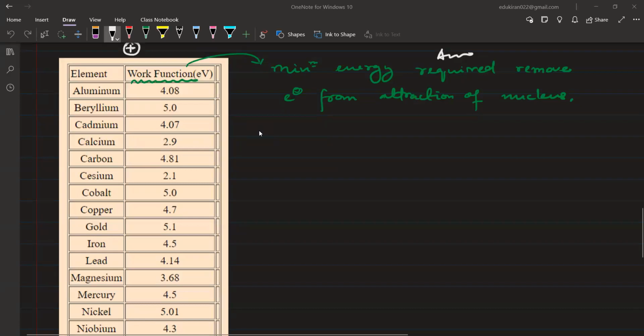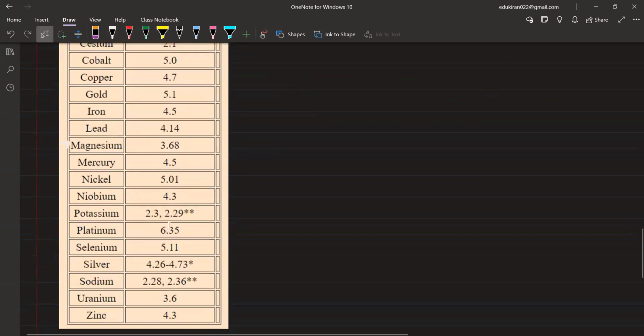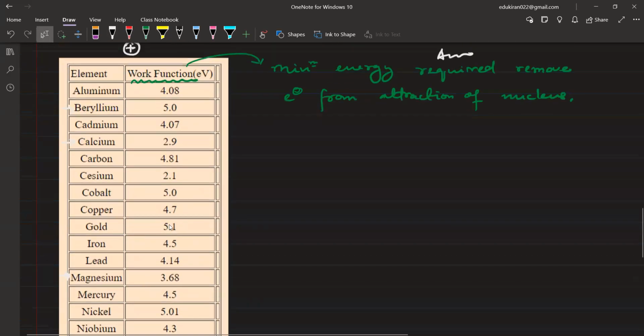Let us take beryllium, magnesium, and calcium. All of you are aware of the atomic number for these, right?